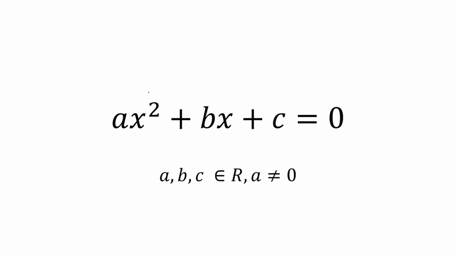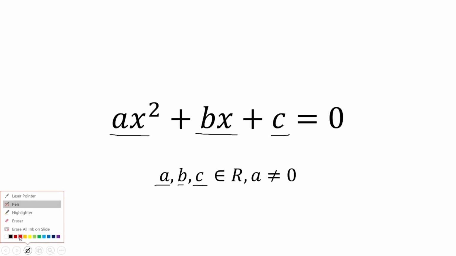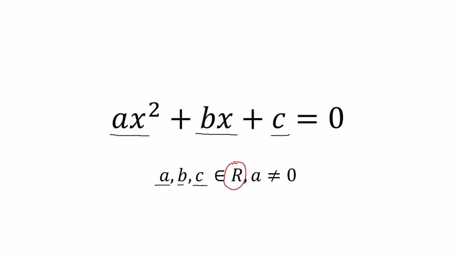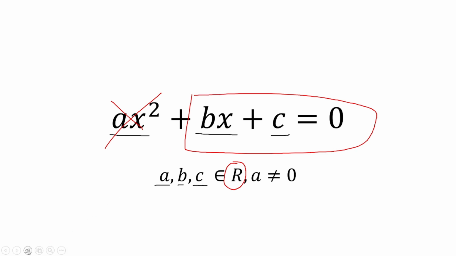This is the quadratic equation where the entire sum of the quadratic, linear and absolute terms is equal to 0, which means that you have all of your terms on the left side and you have 0 on the right side, where a, b, and c all belong to the set of real numbers, and a cannot be equal to 0, because if a were equal to 0, 0 times anything would be equal to 0. Therefore, you wouldn't have this term, and you would get a linear equation and not a quadratic one.